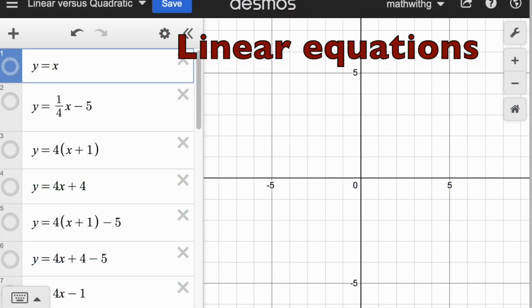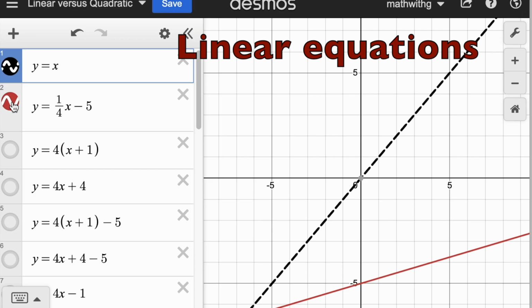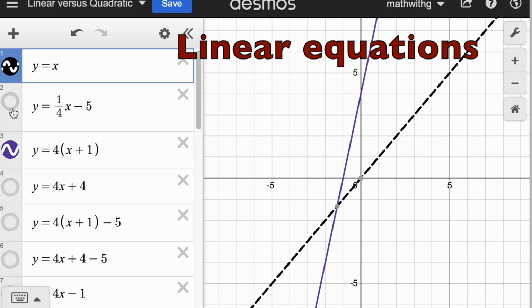I've entered in all of these equations, and I want you to think about what they might look like. Are they lines? There's our parent. We have some changes. The steepness changes for those. The movement changes. We've got some that are exactly the same. These 2 are exactly the same.